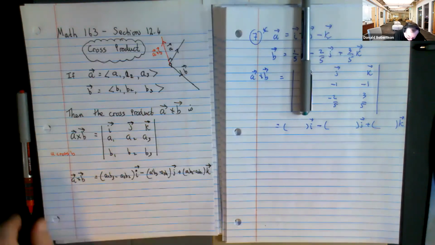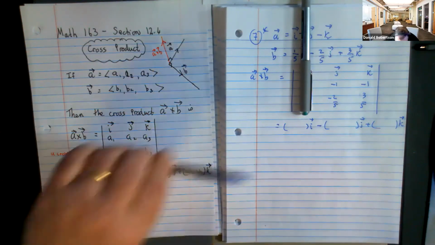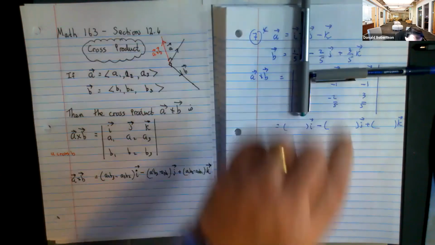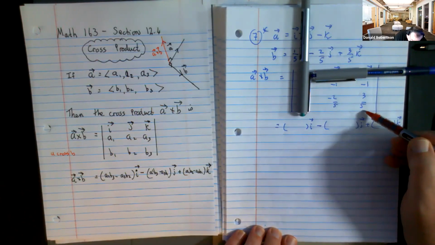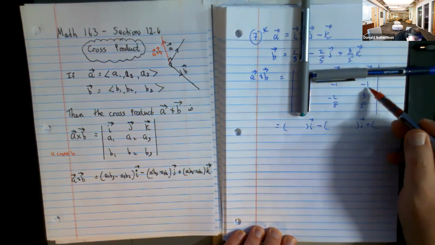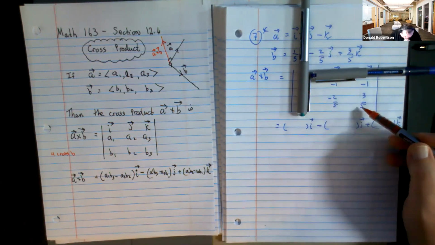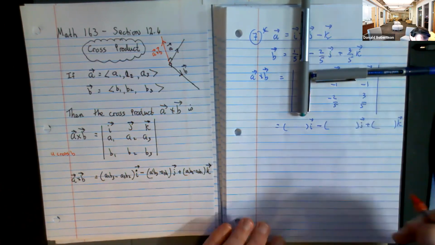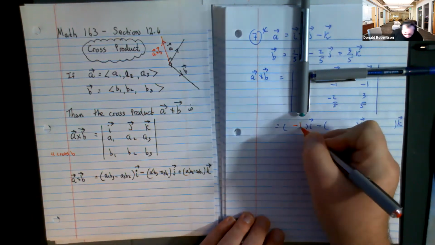Cover the darn thing up. See what we get. -3/5, take away +2/5. So take away 2/5 in other words. So -3/5, take away 2/5 is -5/5, -1.